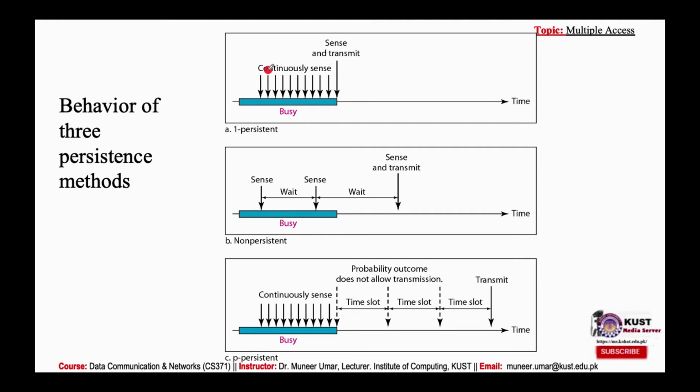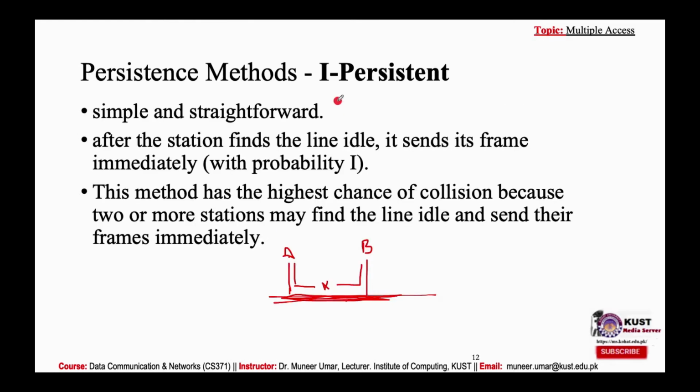Here the station continuously senses the channel. If the channel is busy, then it senses the channel again, and if the channel is idle, then it transmits the data. This was about 1-persistent.